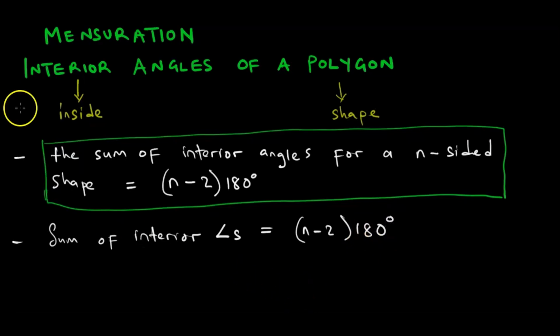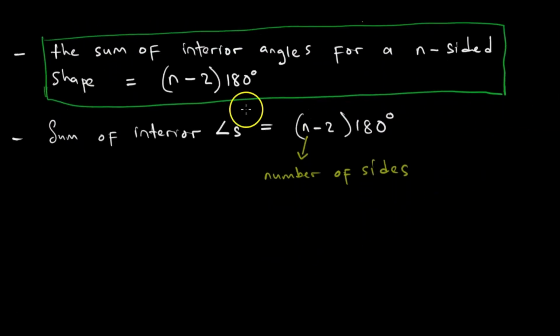We should know that n represents the number of sides, and I think we have been using n to represent number of sides from the earlier lessons under this cluster mensuration.